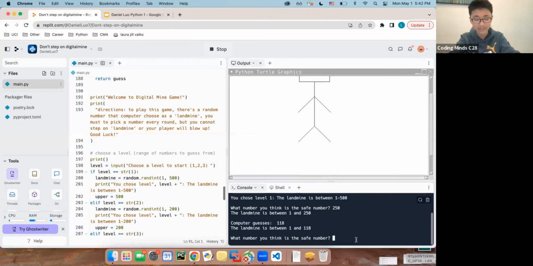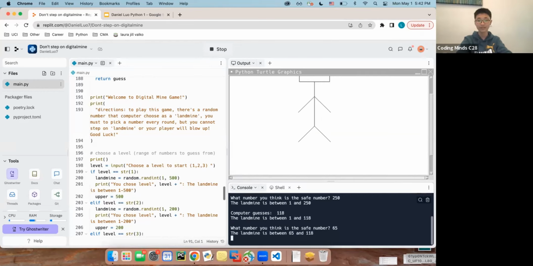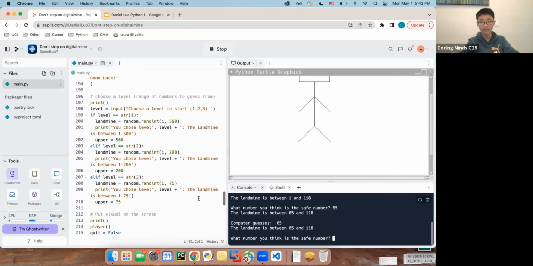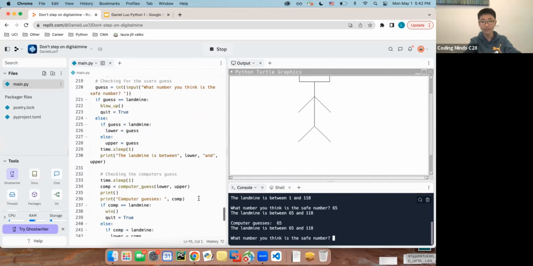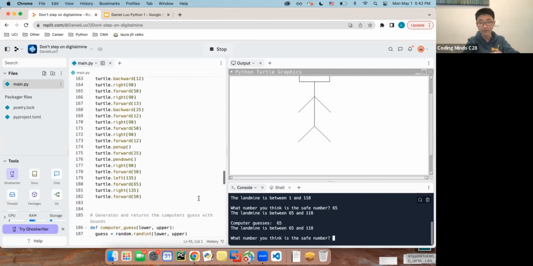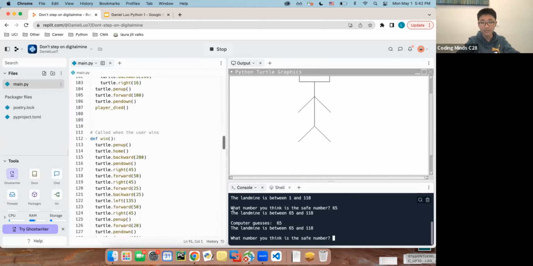I will guess in range of that. 65. Okay, so actually we are competing with the computer. The guesses with the computer are 65 to 118. We need to guess a safe number.